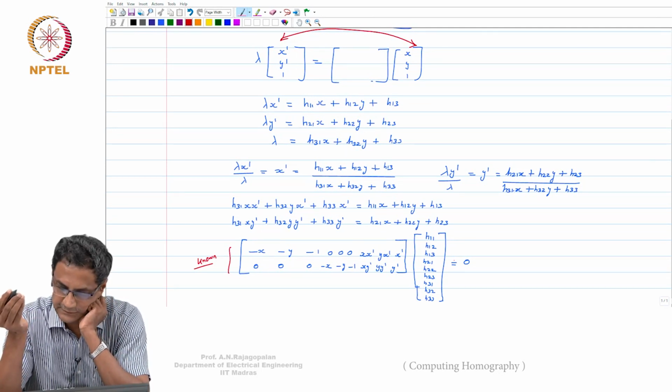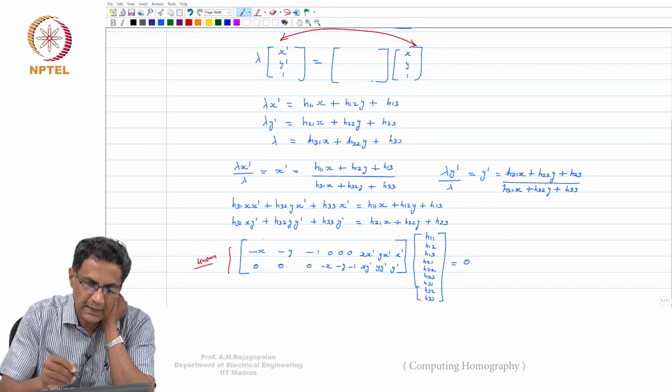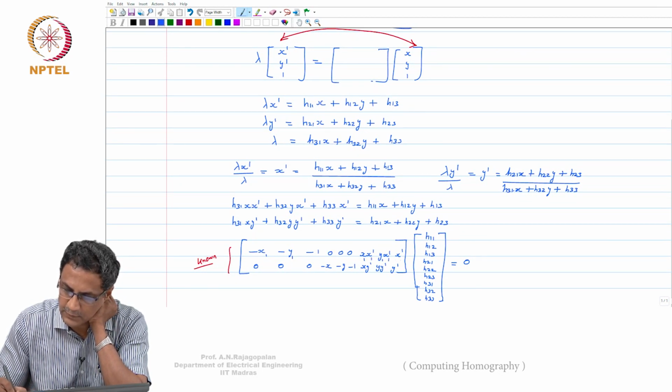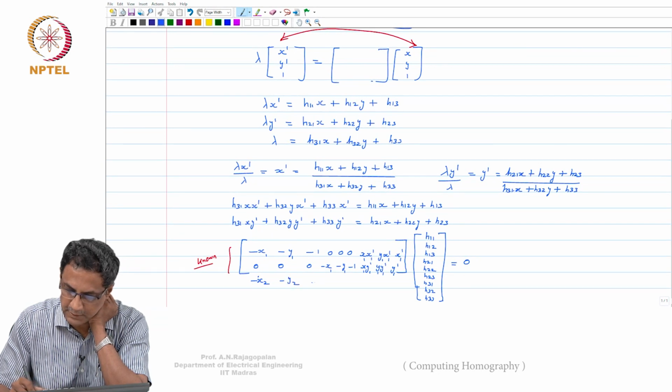So then you can think of this as adding rows. For one feature point, you have x1, y1, and the corresponding terms with x1' and y1', and similarly you follow it up with minus x2, minus y2, and so on, 0 0 0, and go on.